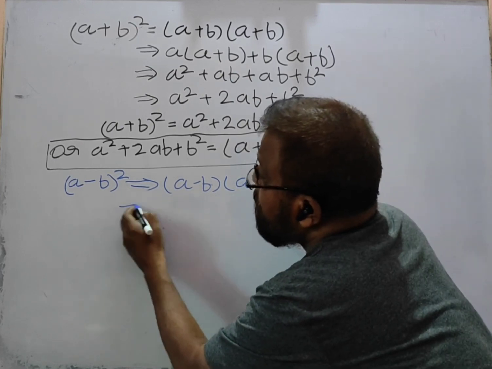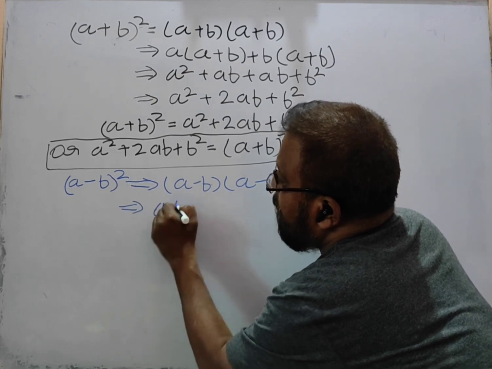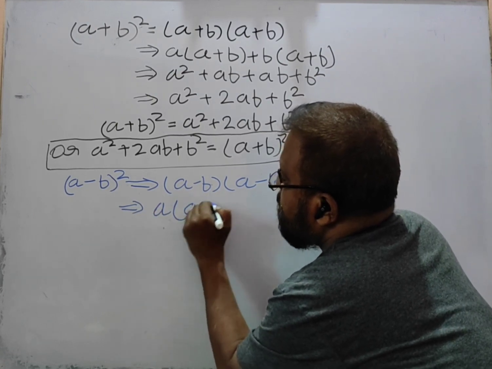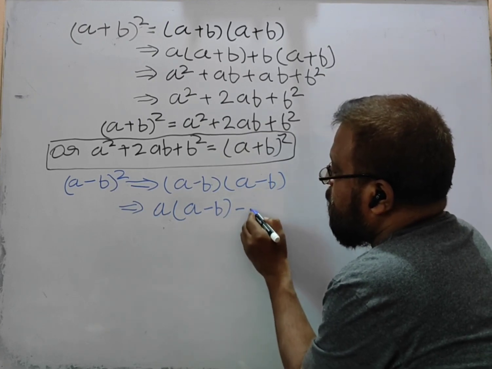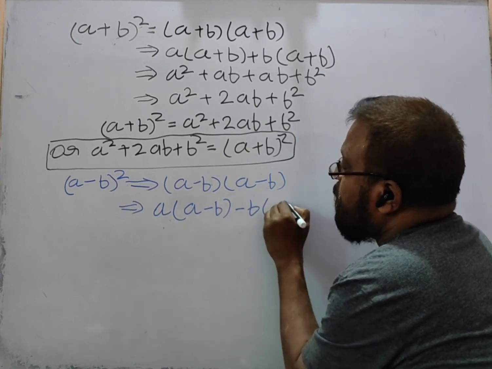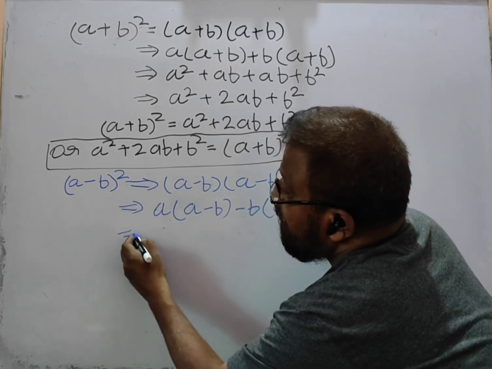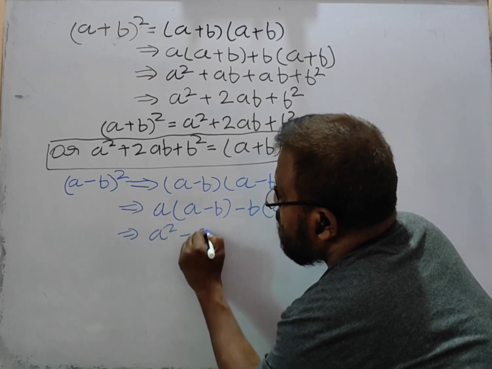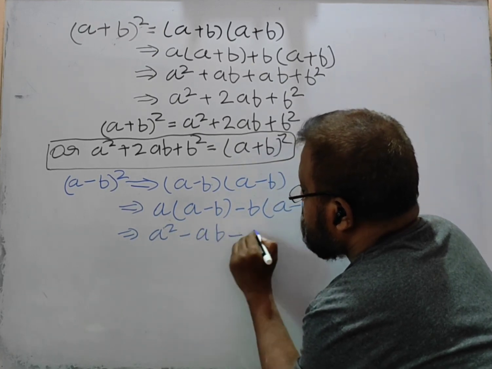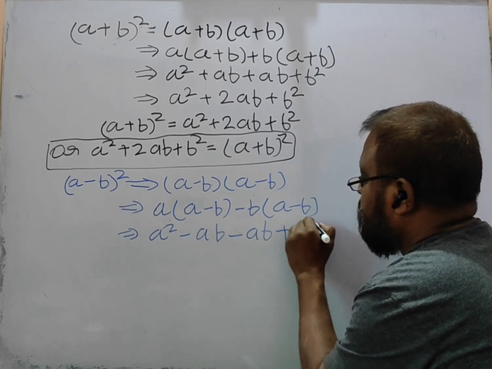So when we multiply this, we get a bracket a minus b minus b bracket a minus b, right? So now we get a square minus ab plus b square, right?